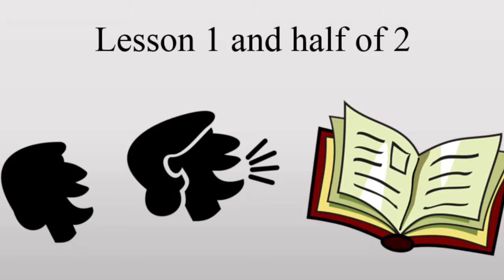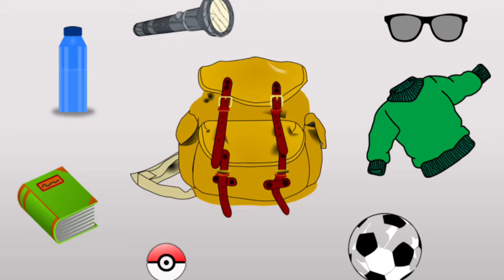The first half of the second lesson will consist of the teacher reading a children's book about traveling and, for example, how the main character in the book is packing its bag. For the second half of this lesson, we have prepared a bag and a number of items equivalent to the number of pupils.